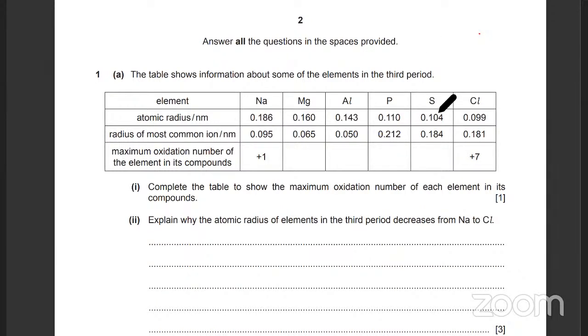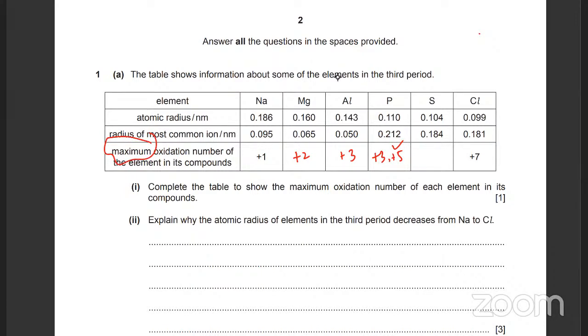Starting with the first question, complete a table to show the maximum oxidation number of each element in its compound. Mg is always +2, Al is always +3. Phosphorus could be +3 and also +5. He's talking about the maximum oxidation number, so we're going to go with +5.